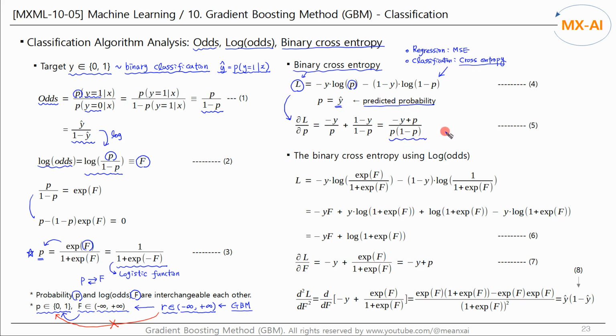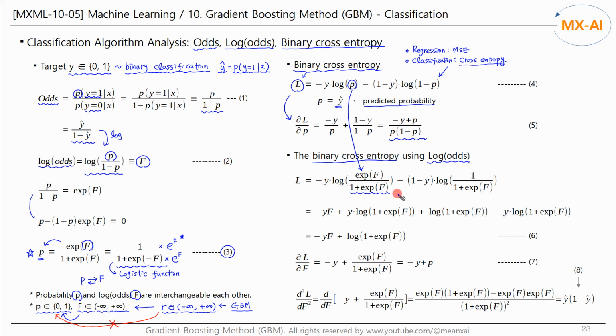This time, we use logodds to represent the binary cross-entropy. Substitute this in place of the probability p in the formula above. This is the equation 3 on the left. If we multiply the numerator and denominator of equation 3 by this value, we get this equation.